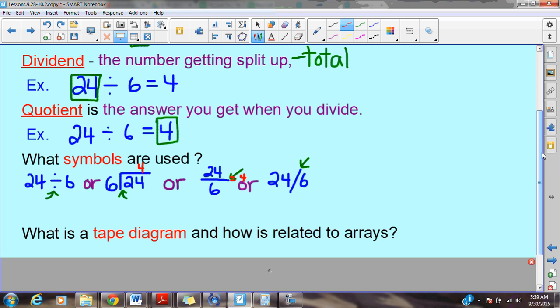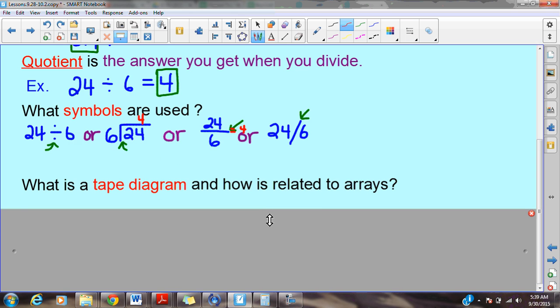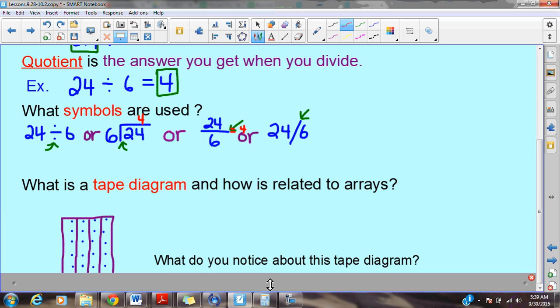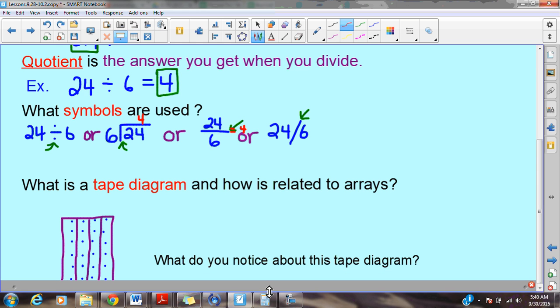What is a tape diagram, and how is it related to arrays? A tape diagram is just taking an array and kind of having a drawing around it that sort of looks like a taping. So if you look at this tape diagram, I am displaying 24 divided by 6.